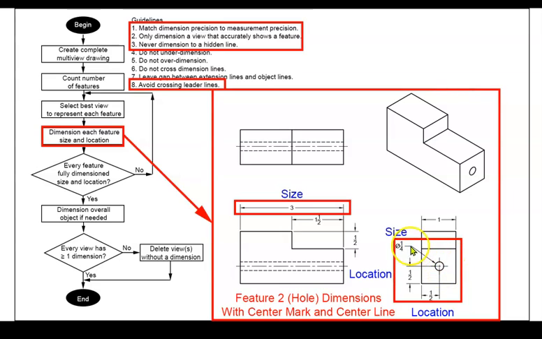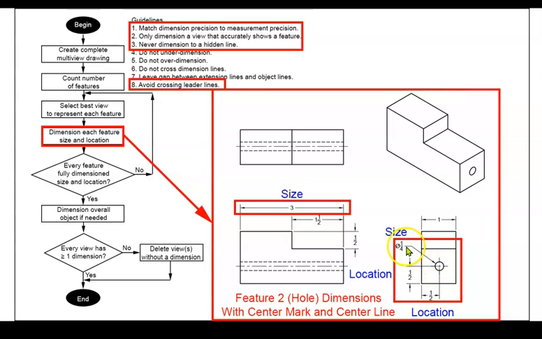We need to have its size, so we can see that it's got a diameter of 1/4 inch, shown here with a leader line. It's got a depth of 3 inches going all the way through on this front view with a conventional dimension. You can see it also has a location showing its height from the bottom to the center and then from the left side to the center.